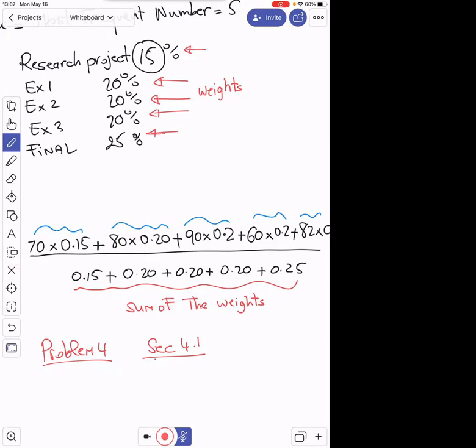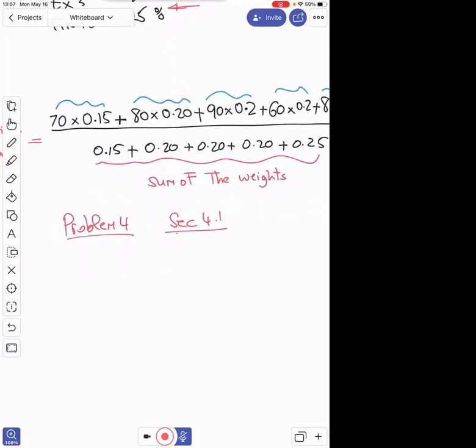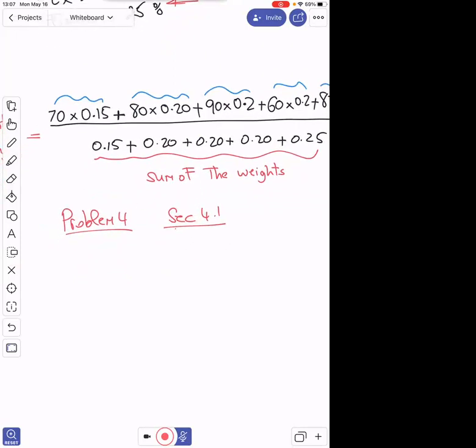But what you need to know about this section 4.1 is how to plot the scatter diagram. So let me see.